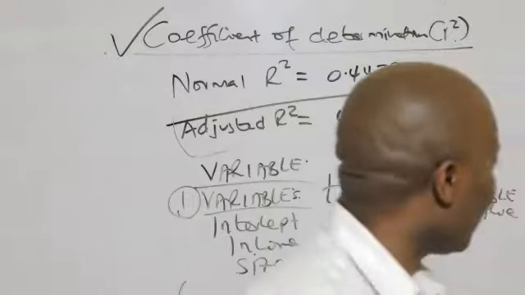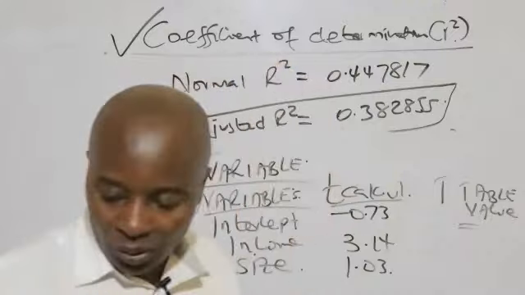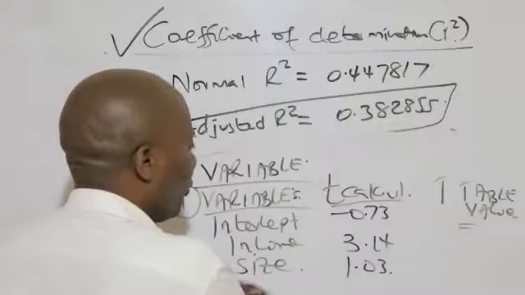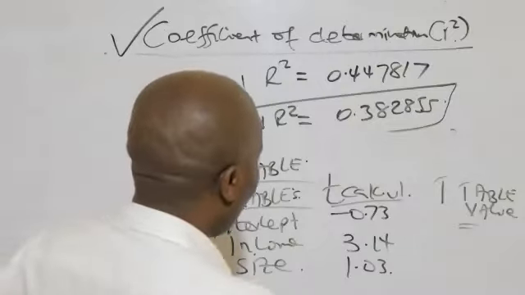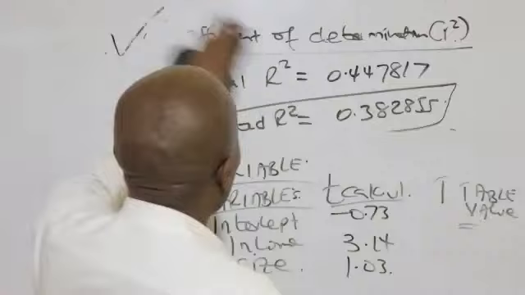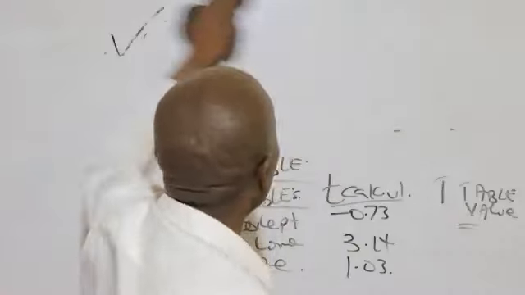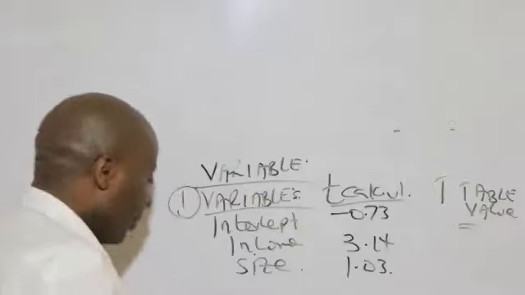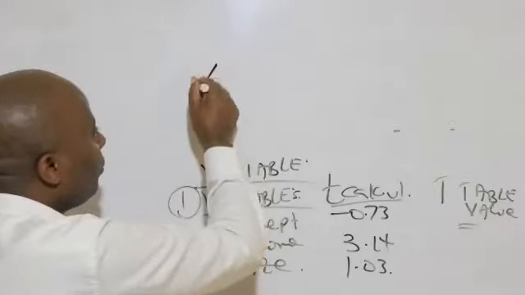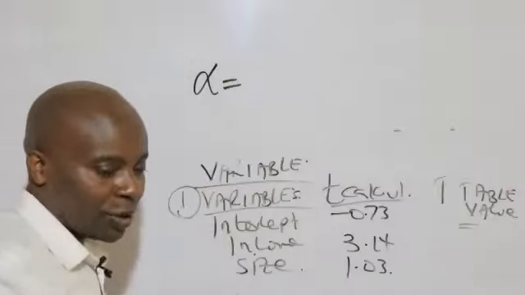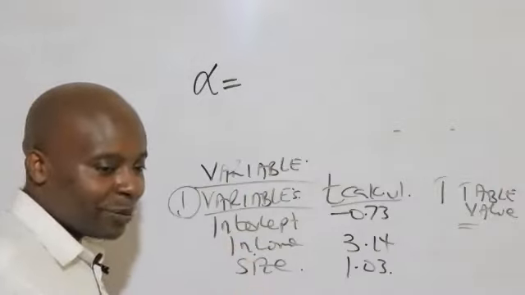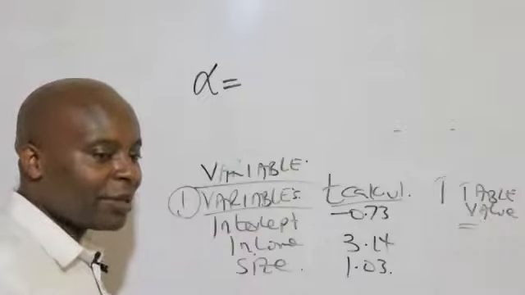So remember, ladies and gentlemen, for us to be able to read the T tables value, we need two things. Number one, we need alpha, the level of significance. The level of significance here has not been given expressly, but you can see 95% confidence intervals being given there.